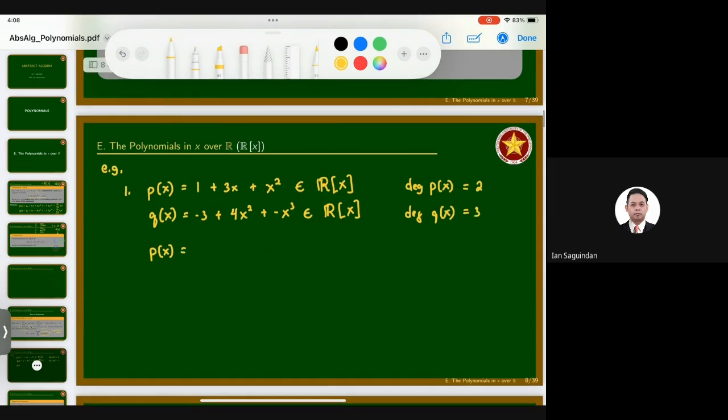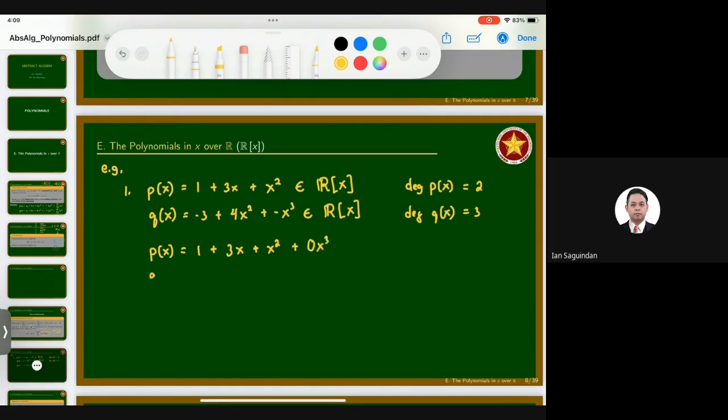Rewriting, p of x is of the form 1 plus 3x plus x squared. Take note, with respect to the higher exponent or higher degree, we are going to introduce another term for the polynomial p of x, which will become 0x cubed.